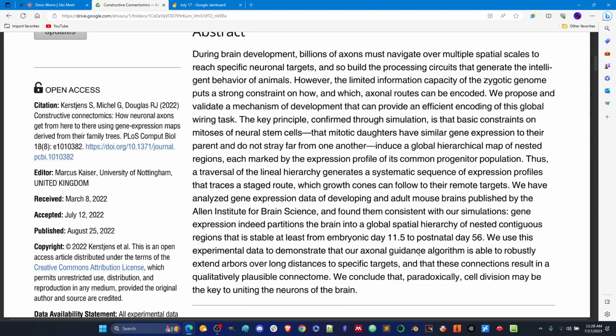It allows for development to proceed without just sort of this problem of search. So like, the axon doesn't need to search every possible combination. It just needs to find its way through the predefined path. And that makes it a lot easier for these processes to happen properly.